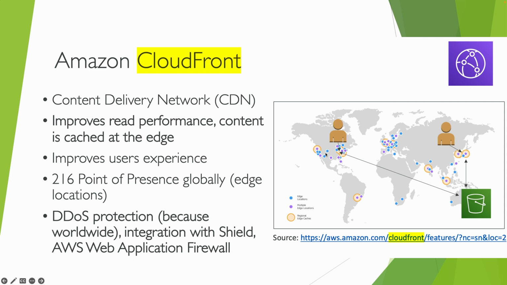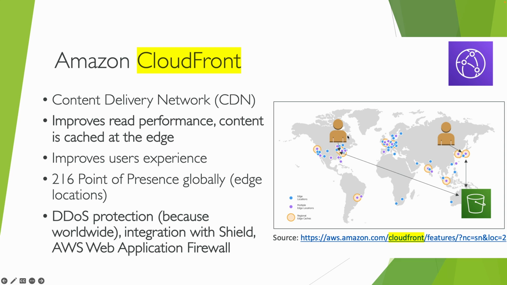This is how we reduce the latency between the user and the servers. Instead of getting data all the way from the S3 bucket, or an EC2 instance, it caches the data in the edge location and serves the user.